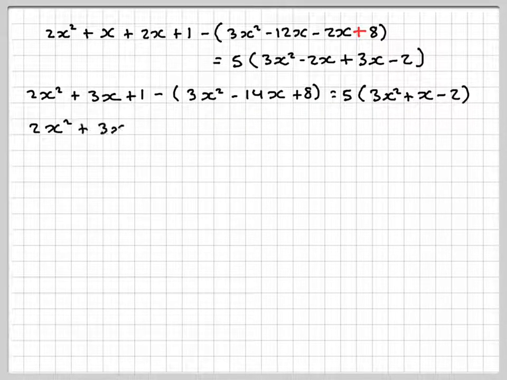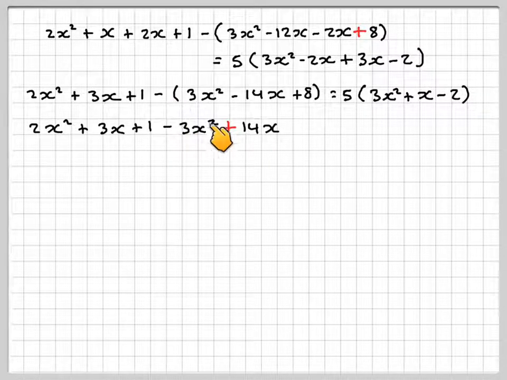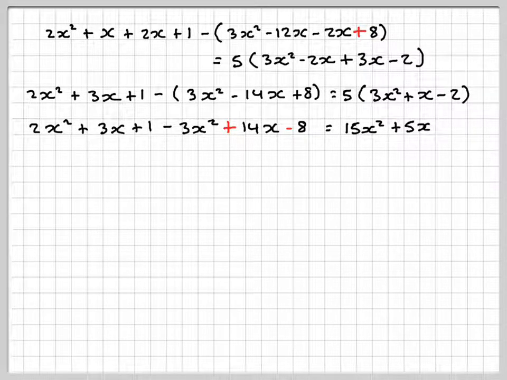So we've got 2x squared plus 3x plus 1. Minus 3x squared, minus times a minus gives me plus 14x, minus times a minus 8 gives me minus 8, so be careful with the signs. Multiplying through by 5, I'm going to get 15x squared plus 5x minus 10.